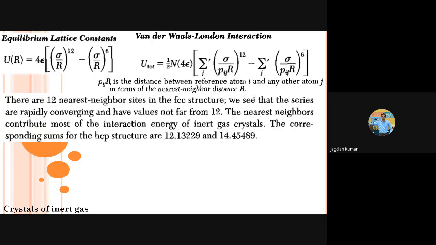For FCC, because most of the noble gas crystals form FCC crystals, there will be 12 nearest neighbors.